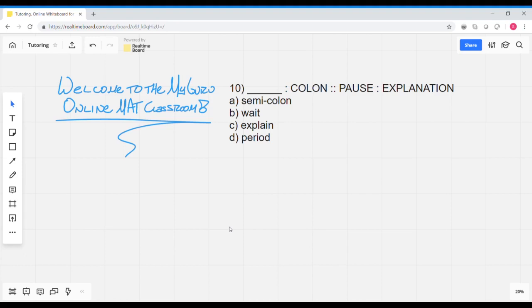But the way that the MAT teaches grammar, or tests grammar as it were, is more based on the relationships between some of the punctuation markings, for example, and what they actually indicate from a definition standpoint. Now, when it comes to the analogy, we have to first always begin by identifying where the blank is and therefore where the pivot lies.